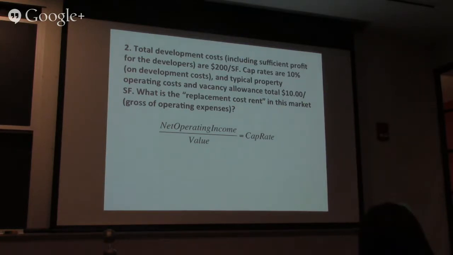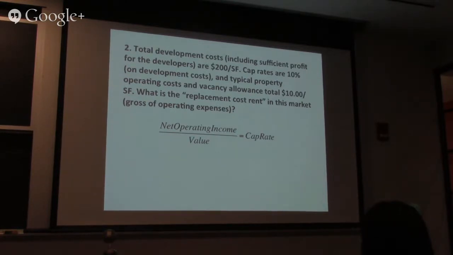$10? All right, so we have one answer at $10 a square foot. Who else? Second for 10? The replacement cost rent is 10. Is that what I'm hearing? Who else? Any other questions? Larry? Wouldn't it be 20? Yeah, that's what I got.